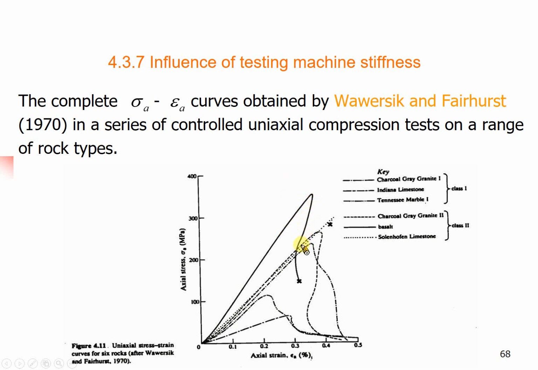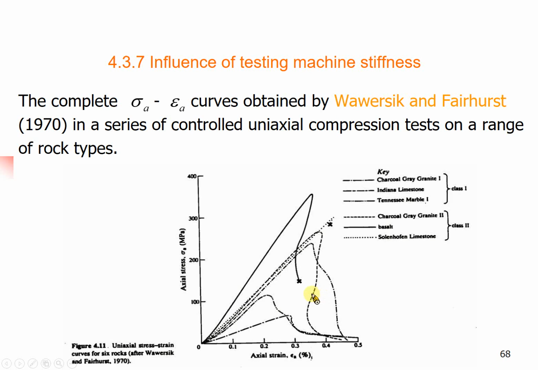We call it a class 2. It means it will be more brittle. So this, and this will be class 2. It will be the brittle rocks, relatively brittle. For class 1, it will be this, and this.